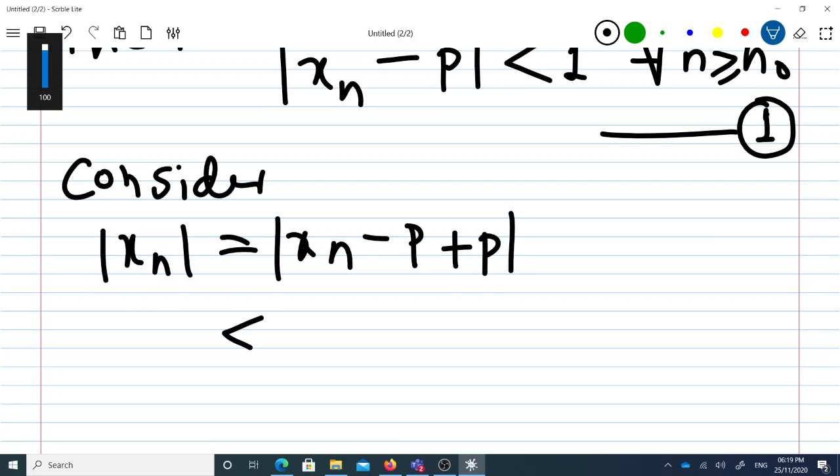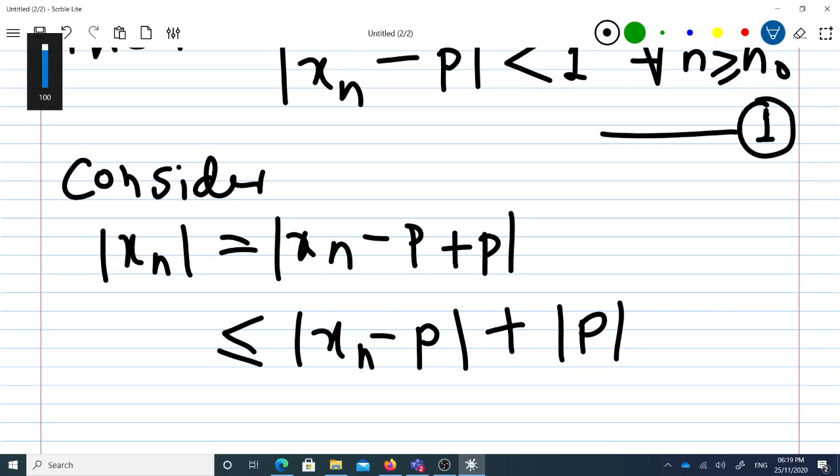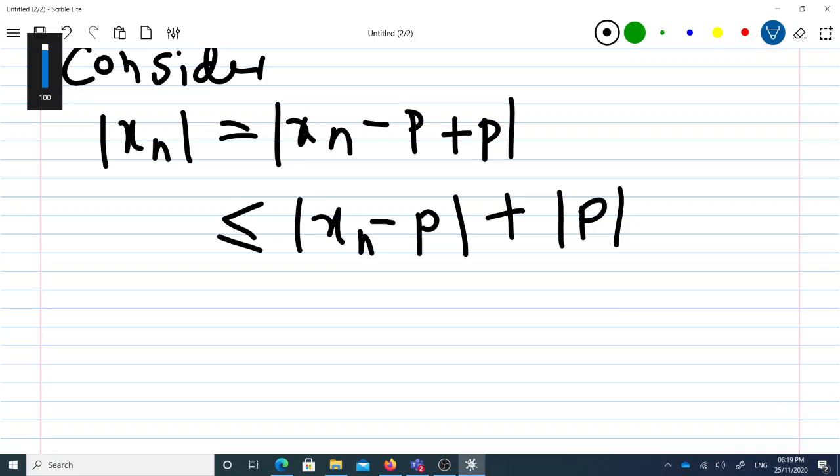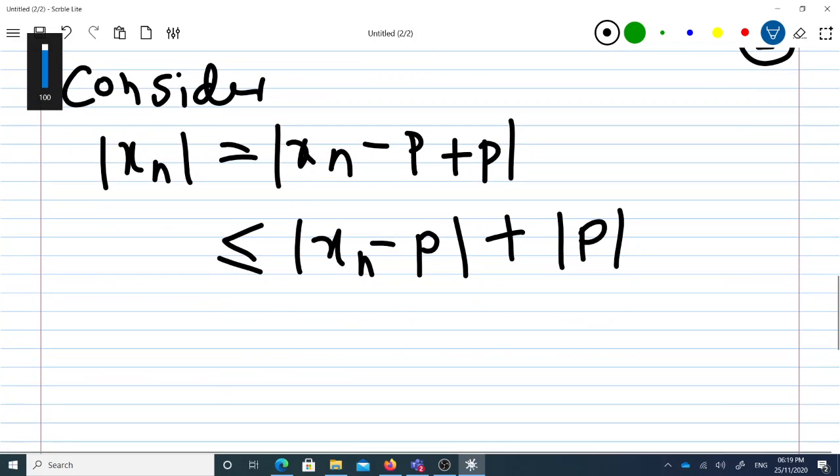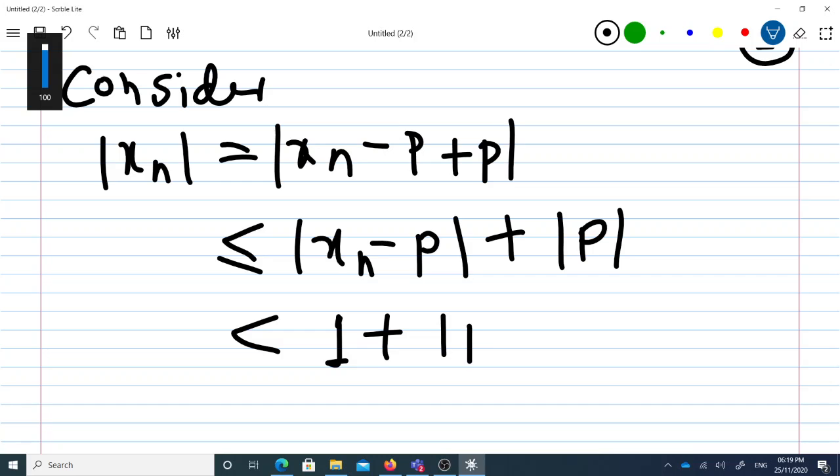I can apply the triangle inequality. So it is mod xn minus p plus mod p. But from 1, mod xn minus p is less than epsilon, so it is less than 1 plus mod p whenever n is greater than or equal to n naught.